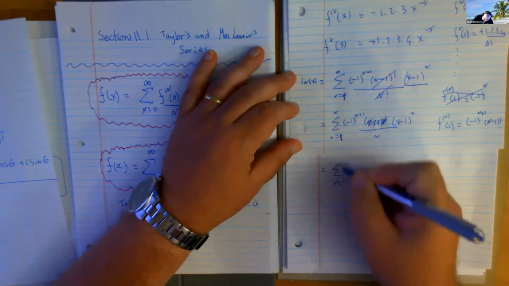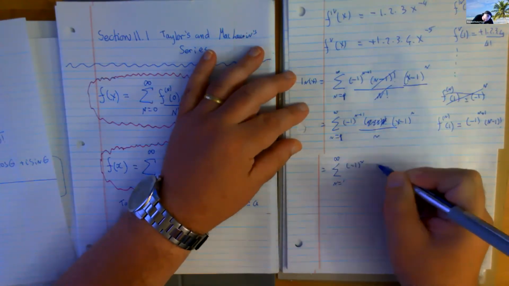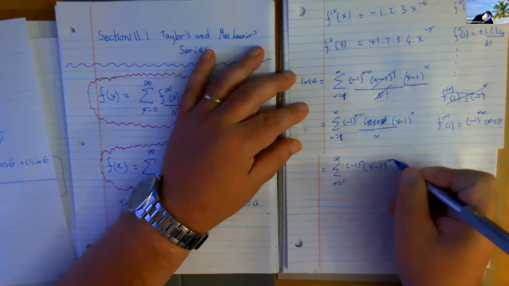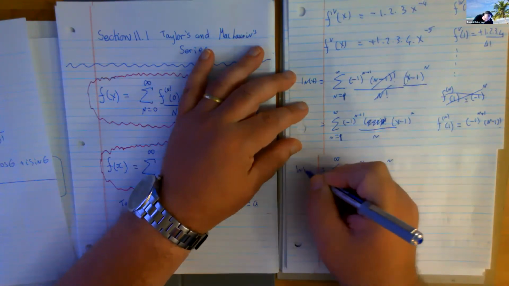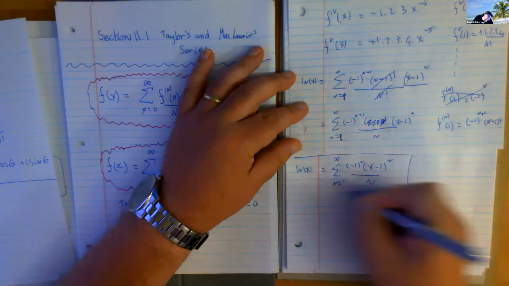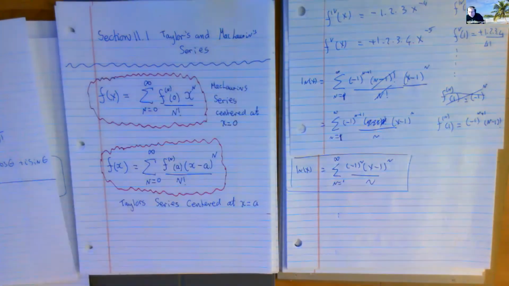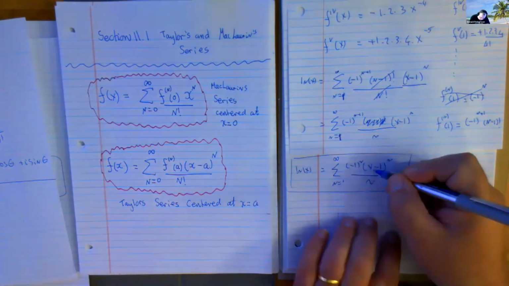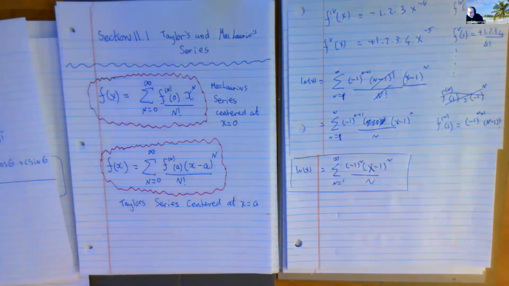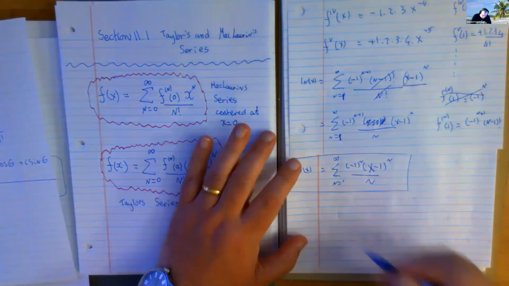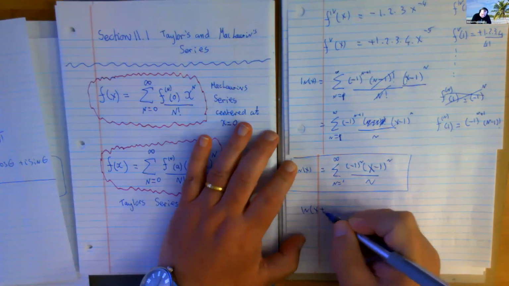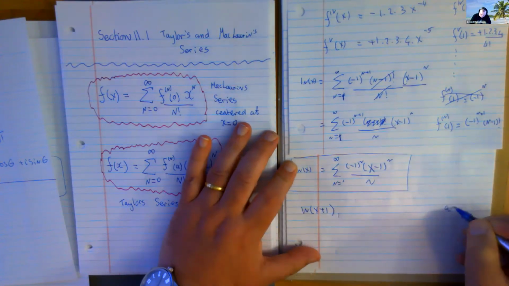n equals 1 to infinity, this fella, this guy, over n. And now I have the power series for the natural log of x. Now, you can find that guy centered at 0.